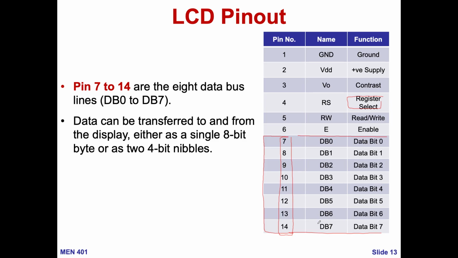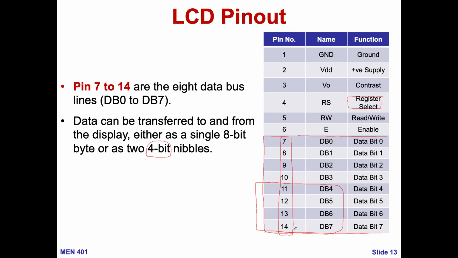This is why the LCD gives me the opportunity to send the 8 bits all in one packet, or I can send them 4 bits at a time. So I will use these 4 bits, the 8 bits will be sent 4, then 4.